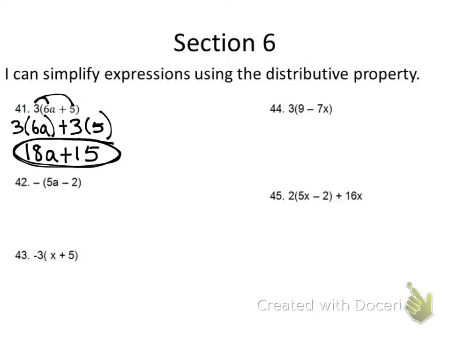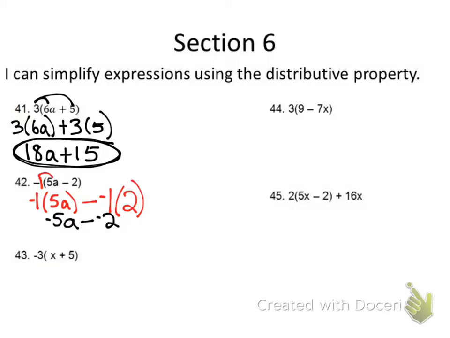What am I distributing here? A negative 1. So again, don't try to do this in your head. Write it out. That is negative 1 times 5a minus negative 1 times 2. So I have negative 5a minus, what's negative 1 times 2? Negative 2.